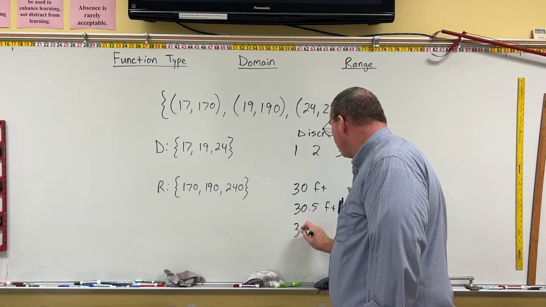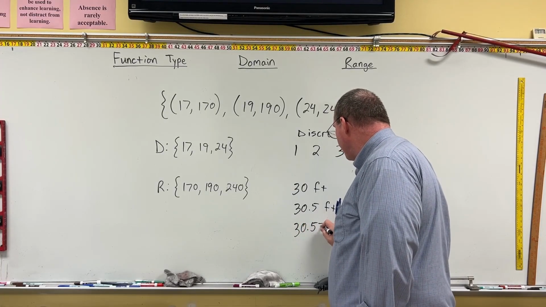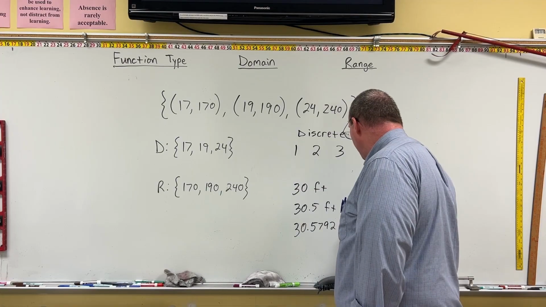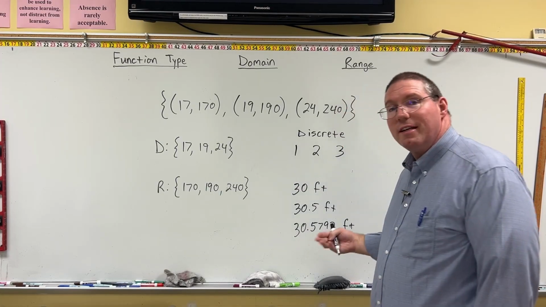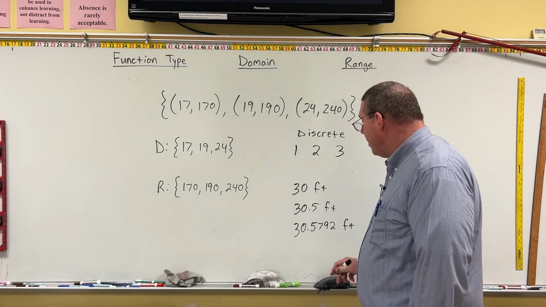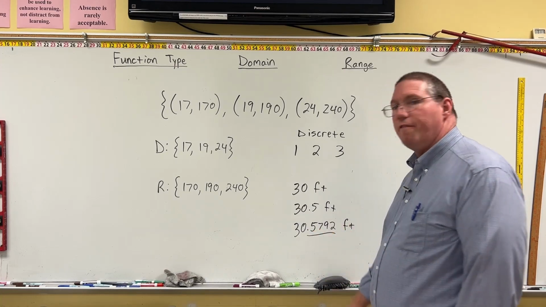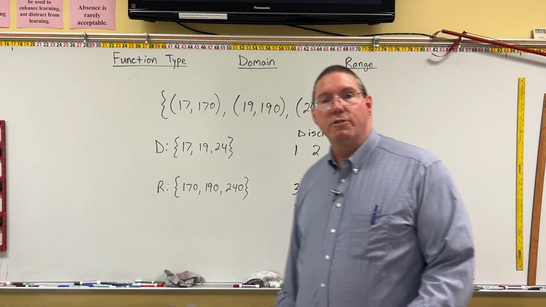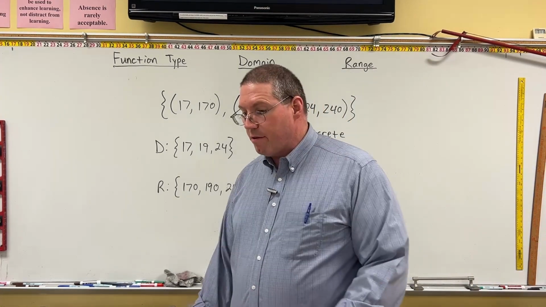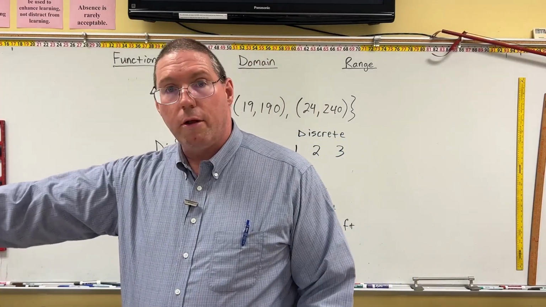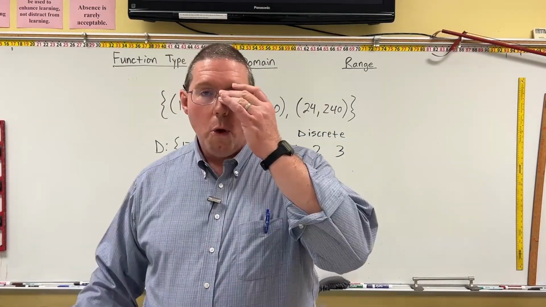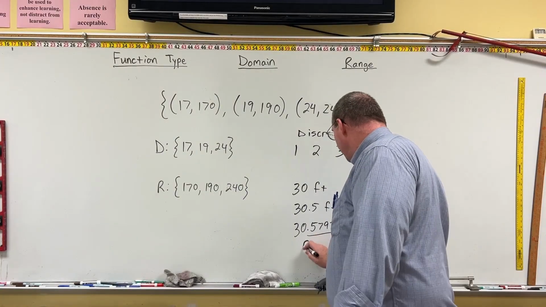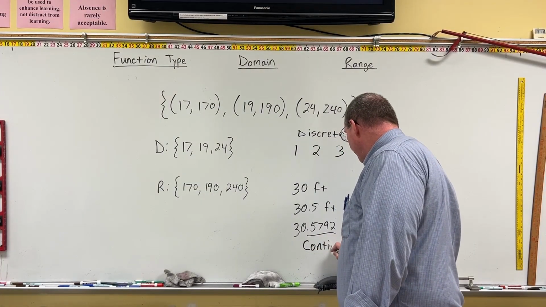They can even be 30.5792 feet from their house because distance in feet has a decimal value to it. It's incremental. And since distances are incremental, they're not just in feet, we call that a continuous variable.